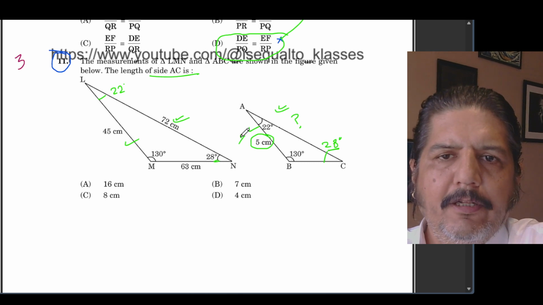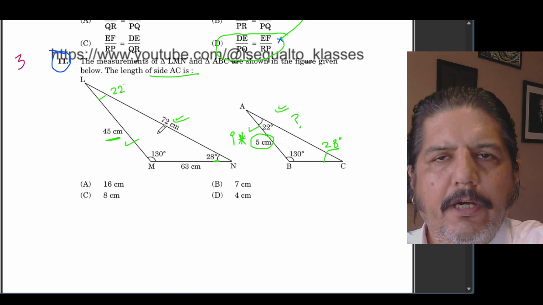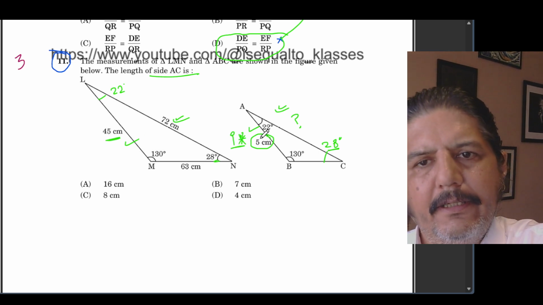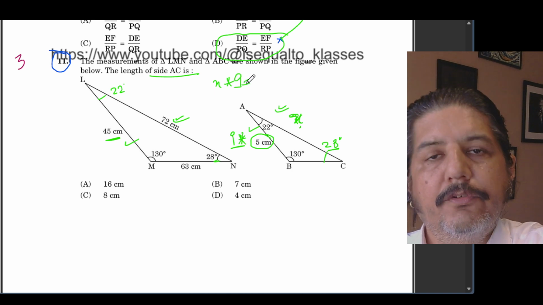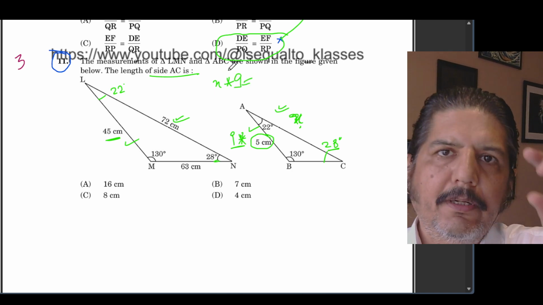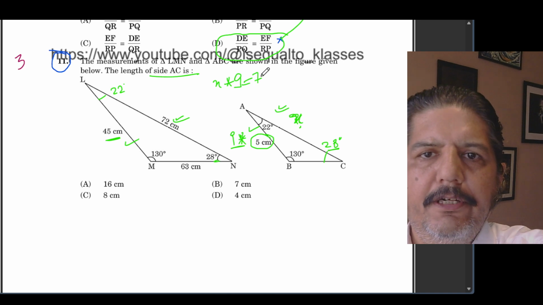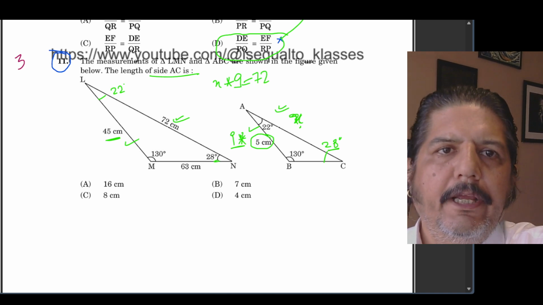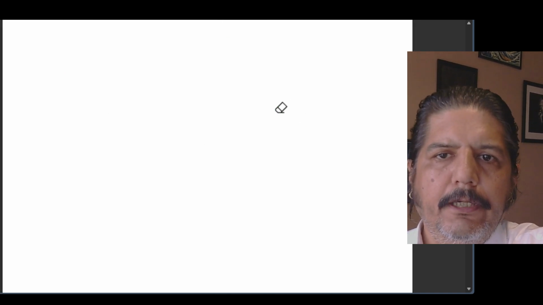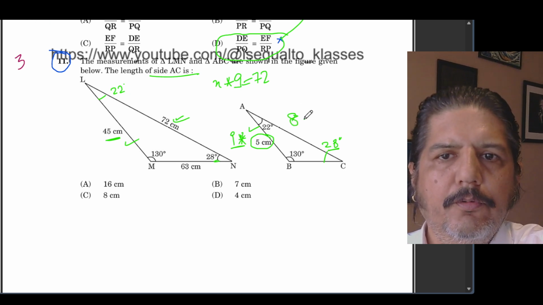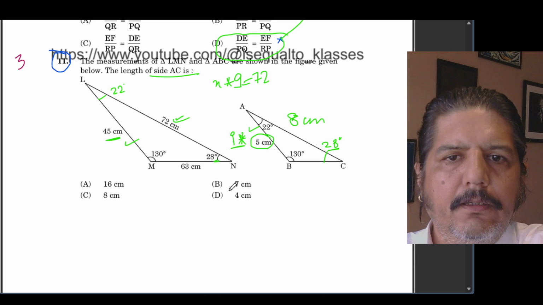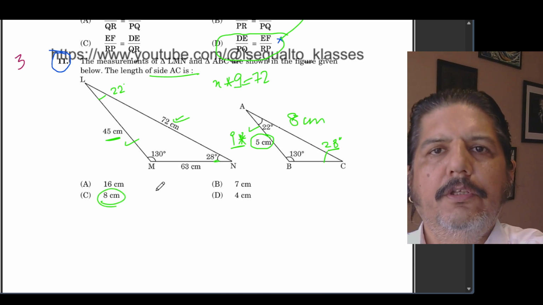So just take the multiple. 5 multiplied by 9 is 45, so I understand that the multiple is 9. So if this is x, then x multiplied by 9, because 9 is the multiplying factor, would be equal to 72. Therefore, x would be equal to 8. So my answer is 8. I hope this makes sense. So this would be 8 centimeter, and C would be the answer.